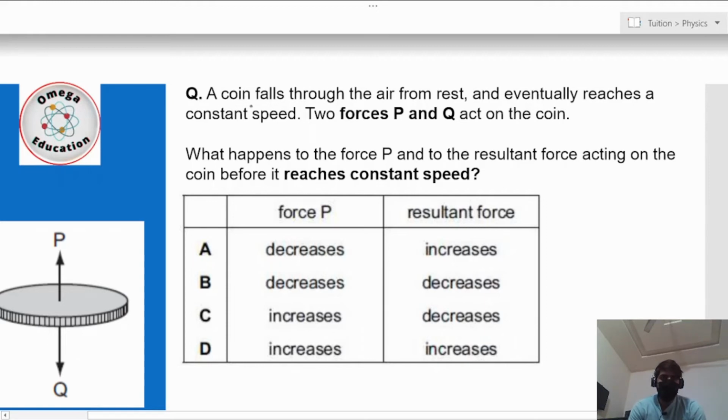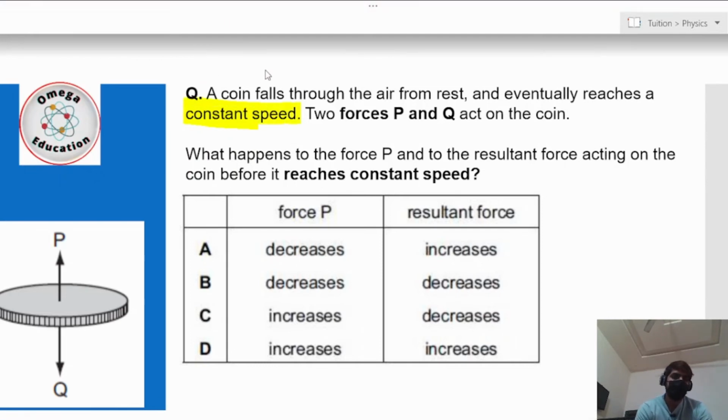The question reads, a coin falls through the air from rest, eventually reaches a constant speed. So you realize they have mentioned that it reaches a constant speed. So the case is when the object has reached the terminal velocity.